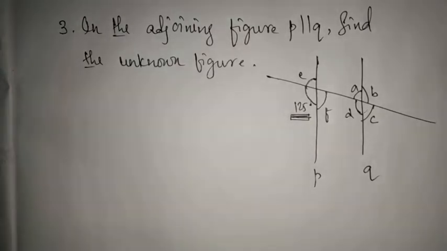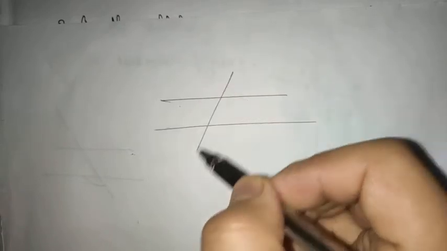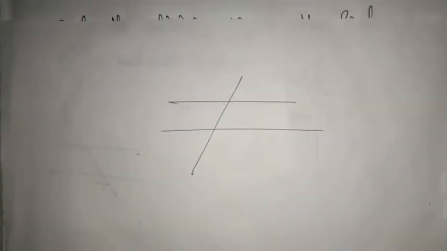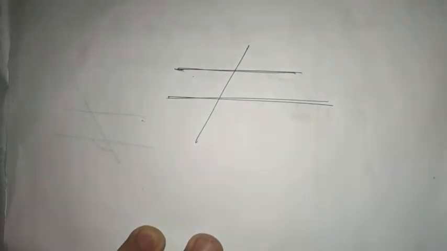Do not panic. It's simple, similar to the type of problem we have done previously. The only thing is it is placed vertically, and till now whatever we have done was horizontally placed.